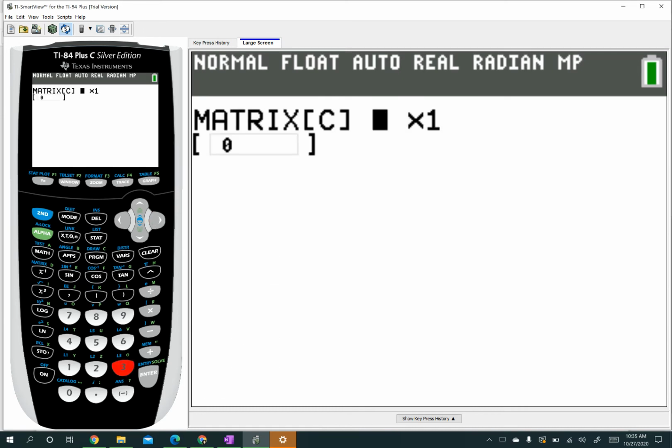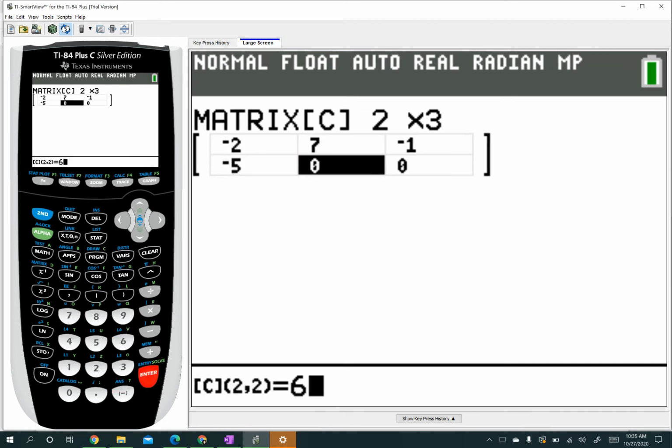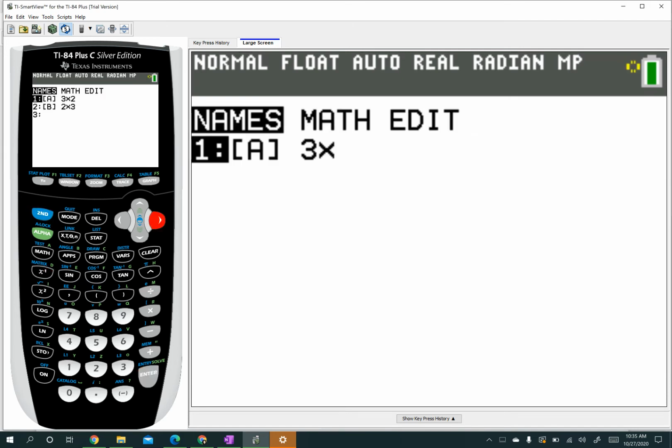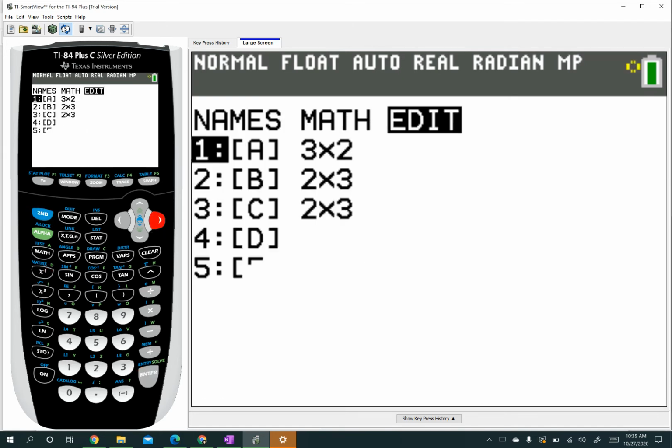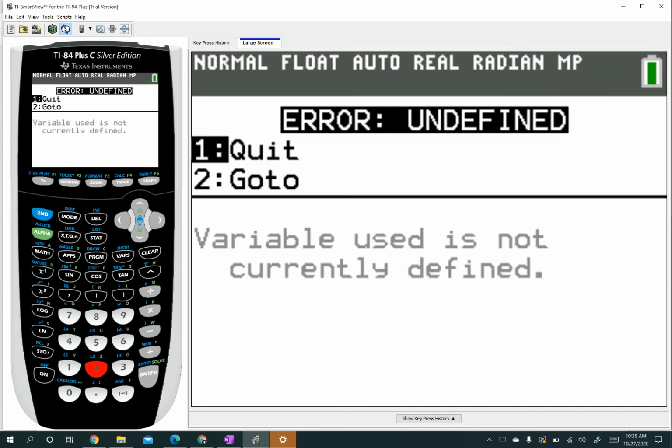Matrix C is a 2 by 3. So negative 2. Matrix D is a 2 by 2.